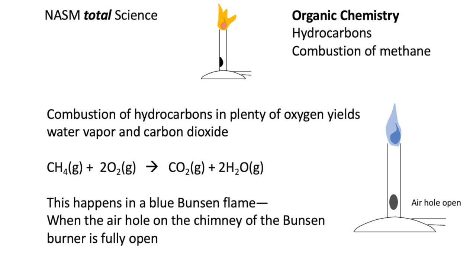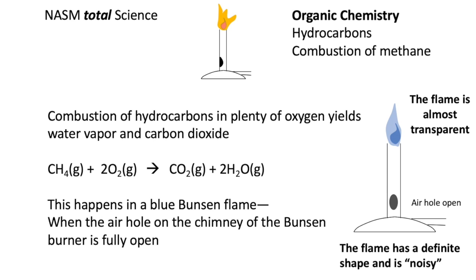And here you're looking at a Bunsen burner with the hole wide open, and you get a blue flame. You are completely combusting the methane and getting carbon dioxide and water vapor. So the flame, when you look at it, has a bluish color but is almost transparent.